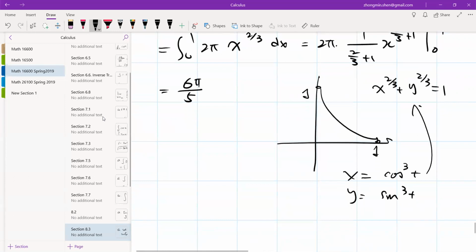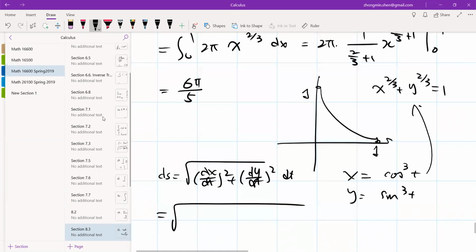So if doing it this way, then what you can get is ds equals the square root of (dx over dt) squared plus (dy over dt) squared, dt. So when you differentiate, it's going to be negative 3 cosine squared t sine t, and here 3 sine squared t cosine t, all squared.